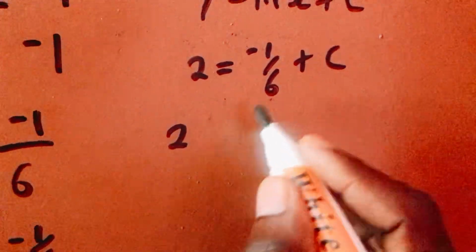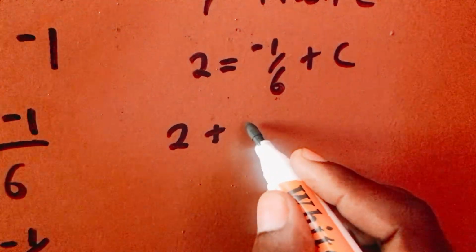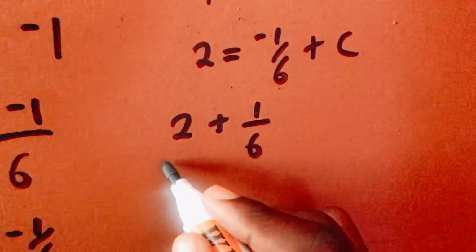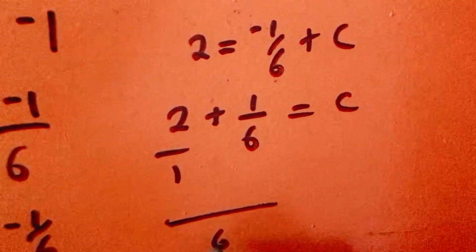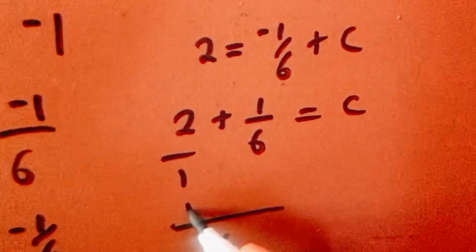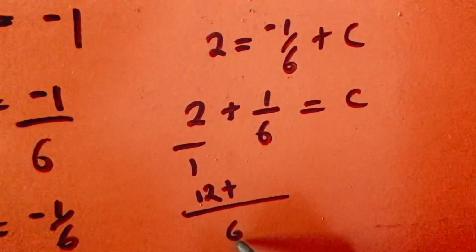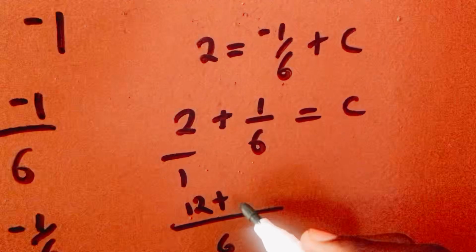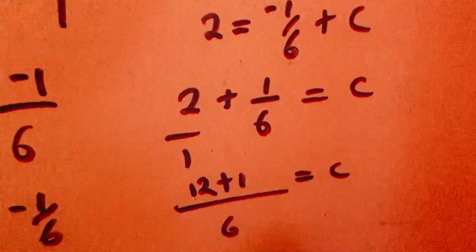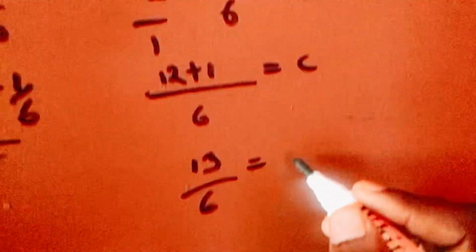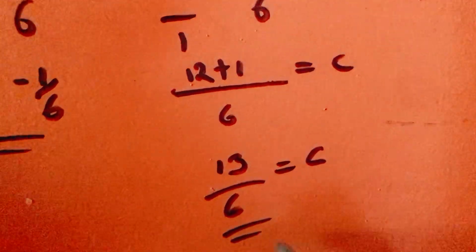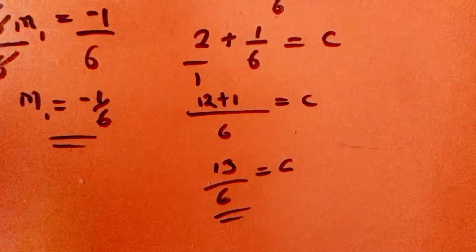So this will be 2 plus, the sign will change, 1 over 6. Then we solve our fractions, go back to primary school. The lowest common denominator is 6, so 12 over 6 plus 1 over 6 is equal to c. So 13 over 6 is going to be our c for the normal.